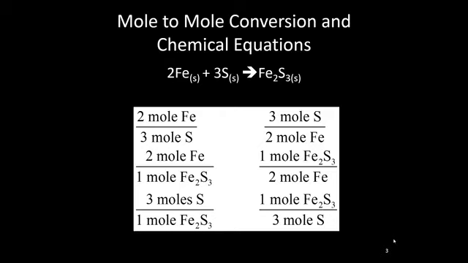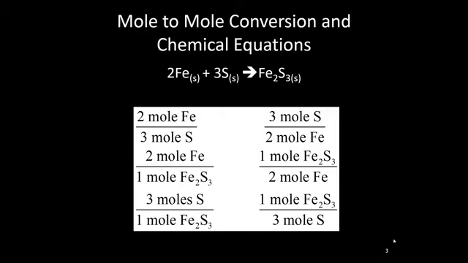In this case, 2 iron must react with 3 sulfur to get 1 iron 3 sulfide. Based on this reaction, which contains 2 reactants and 1 product, we can generate the 6 mole-to-mole conversion factors you see on your screen.